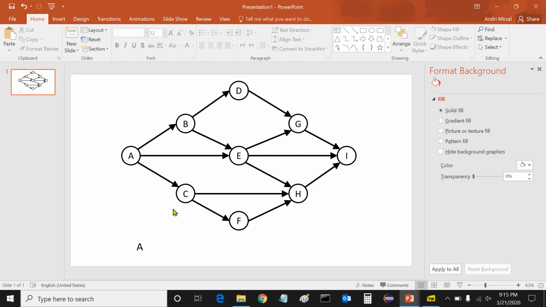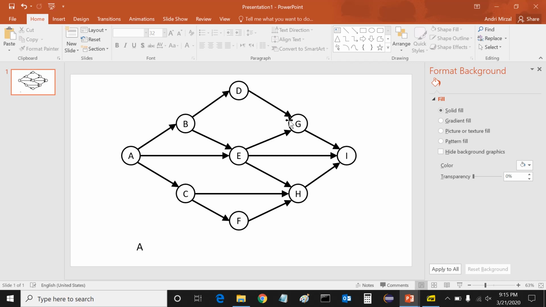Actually, before you apply the topological sort algorithm, you want to make sure that the graph really is a DAG. Of course, for the directed information, you can always see that the edges have direction, so there is no problem. Now for the acyclic, you can check. For example, there is this loop, but this is not a cycle, because the path cannot return back to the original vertex, which is A. Then you check again for this path.